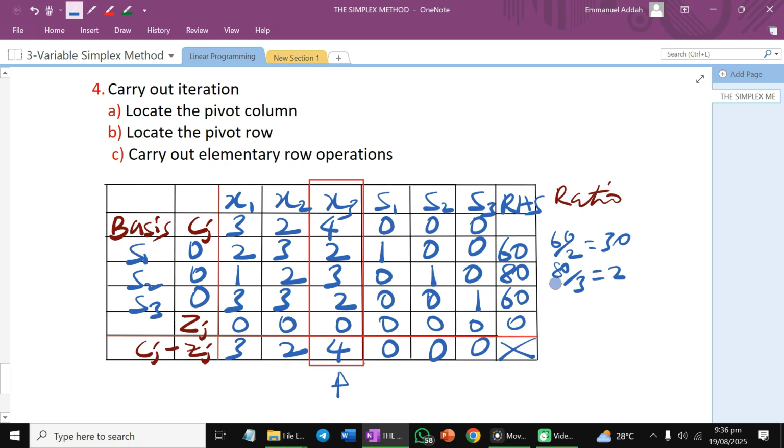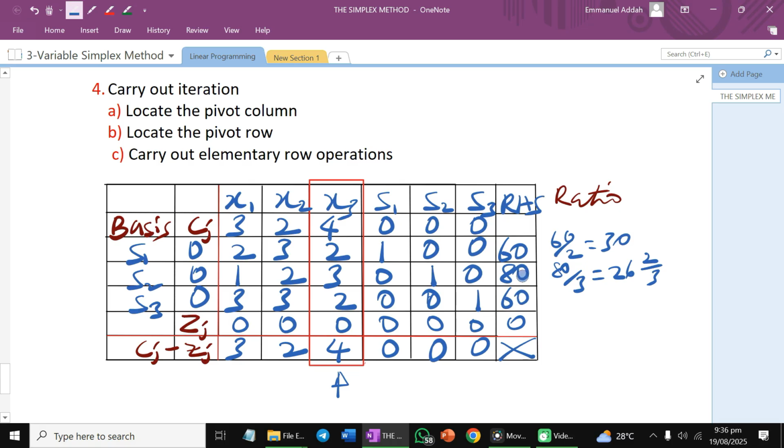Make sure you are always leaving them in fractions, it's easier for you to calculate using fractions. So 80 over 3 is 26 and 2 over 3. And the last one here is the ZJ row; we are not using this, we're not touching this last one.